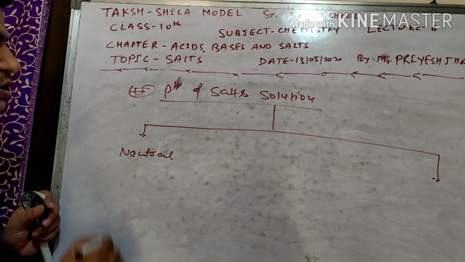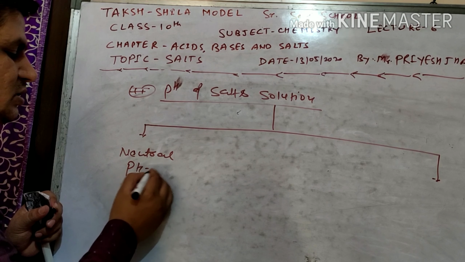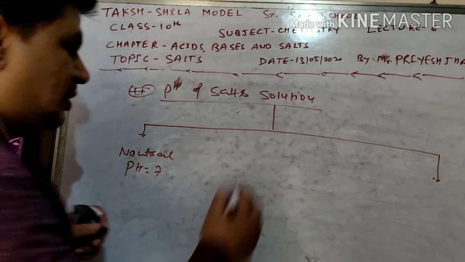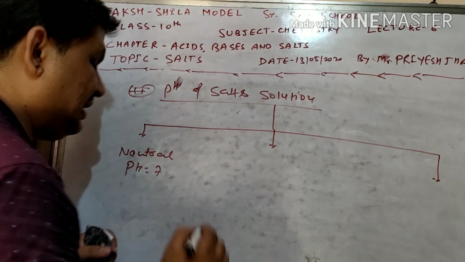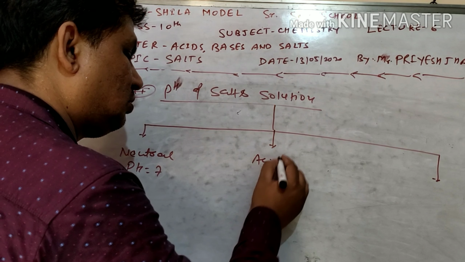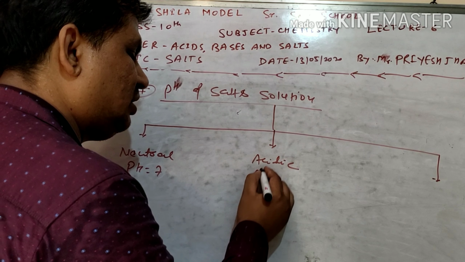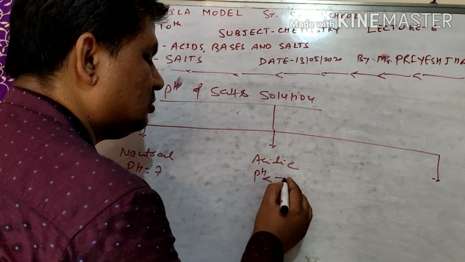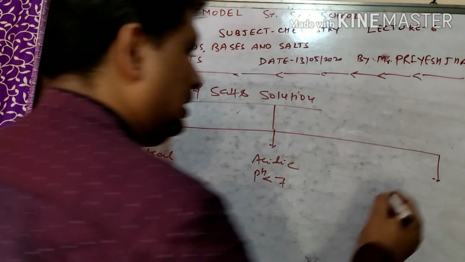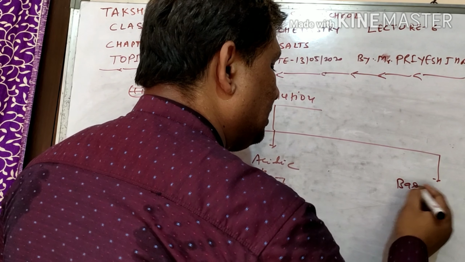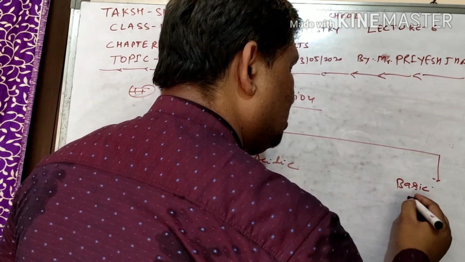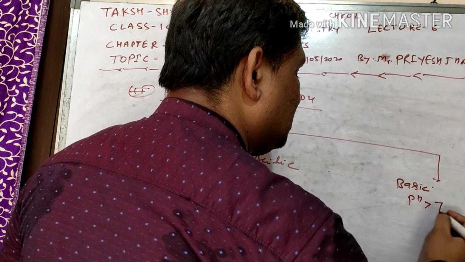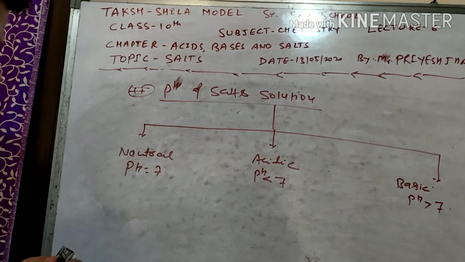One is neutral, having pH equal to 7. Second one is acidic, having pH less than 7, and third one is basic, having pH greater than 7.